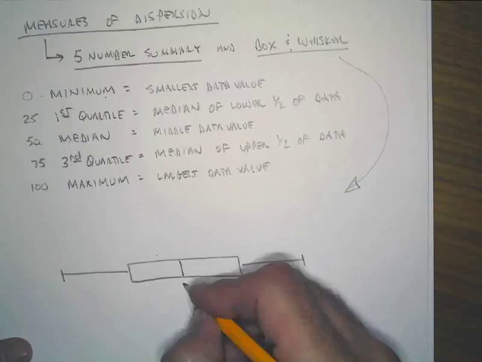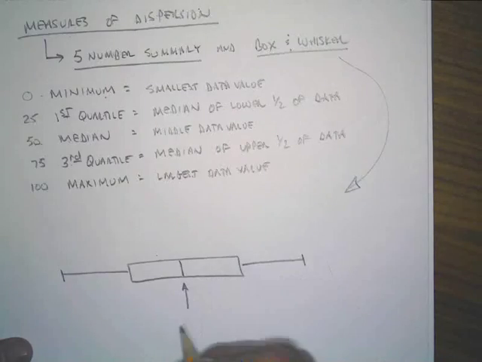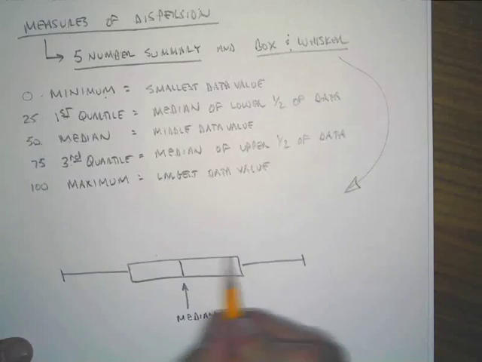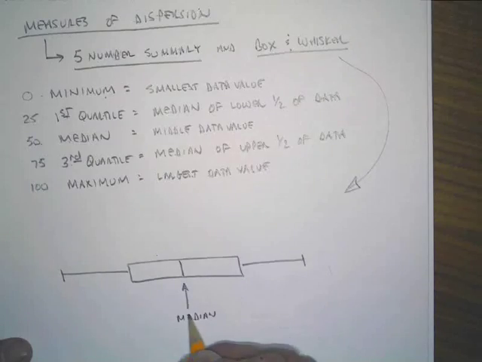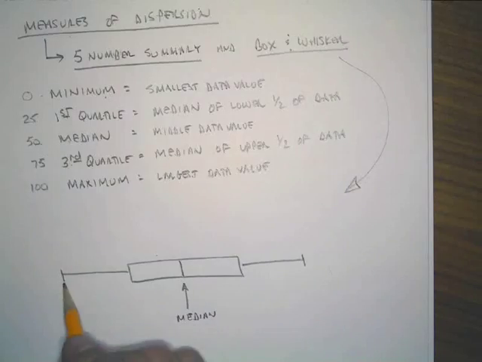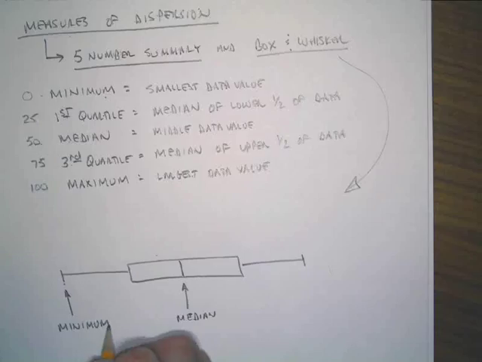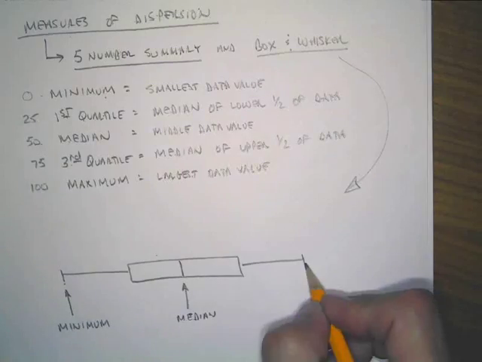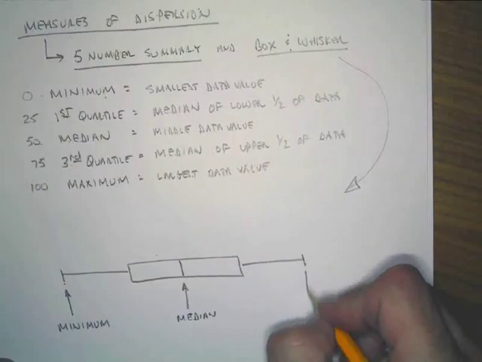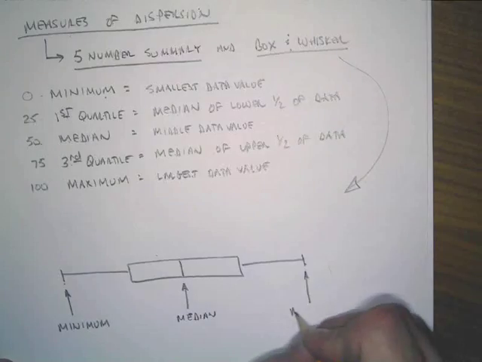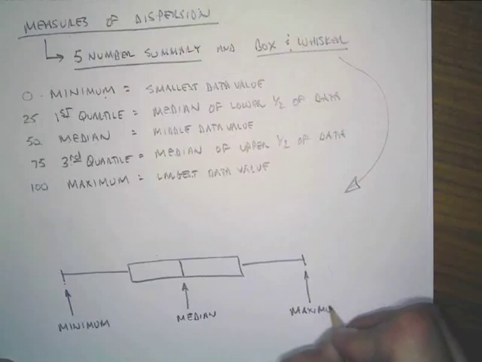So we started by defining the median, and so the vertical line in the box represents the median. The vertical line at the end of the left-hand whisker is the minimum, and the vertical line at the end of the right-hand whisker is the maximum.